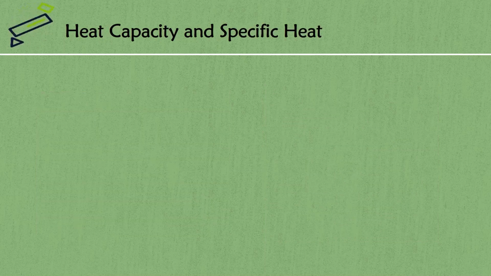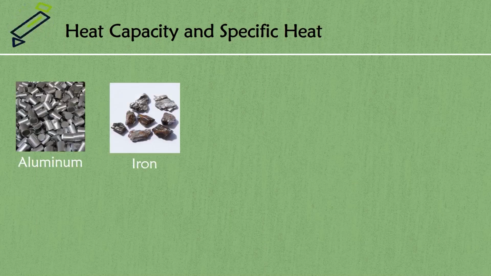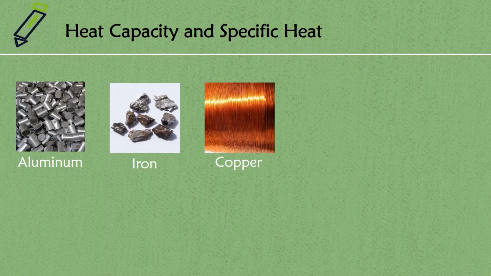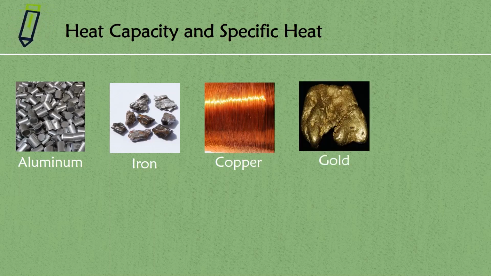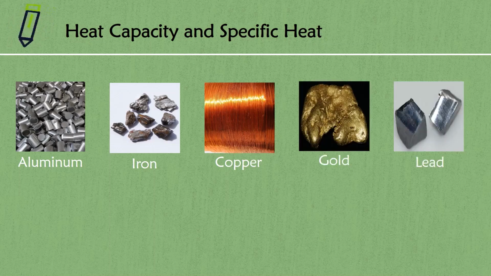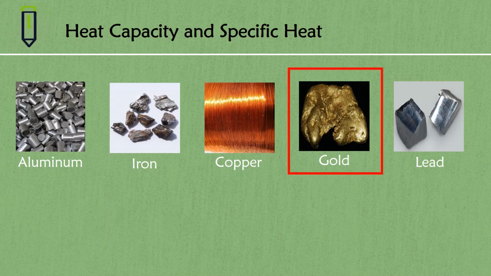If 5 blocks of different metals, aluminum, iron, copper, gold, and lead of mass 100 grams, having the same cross-sectional area and same initial temperature before being placed into a block of ice, gold melts the most ice and sinks the deepest.